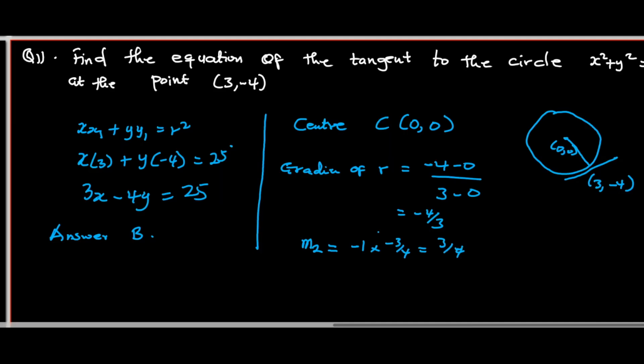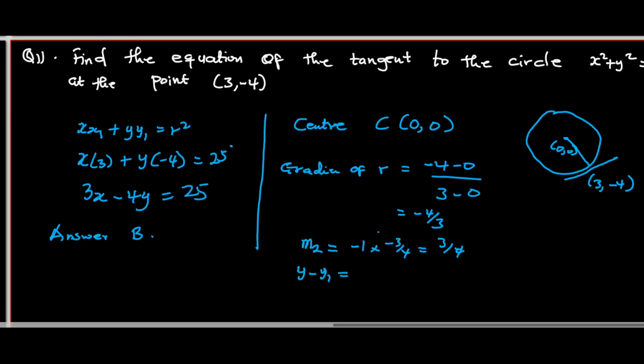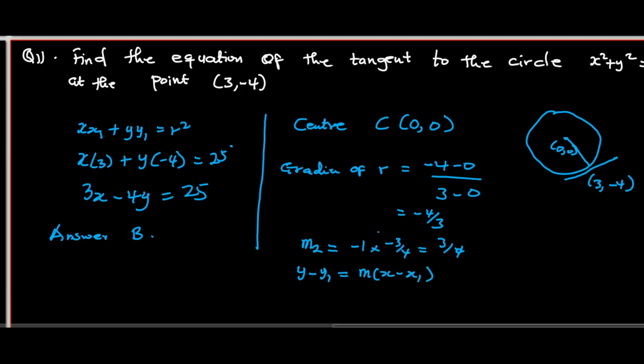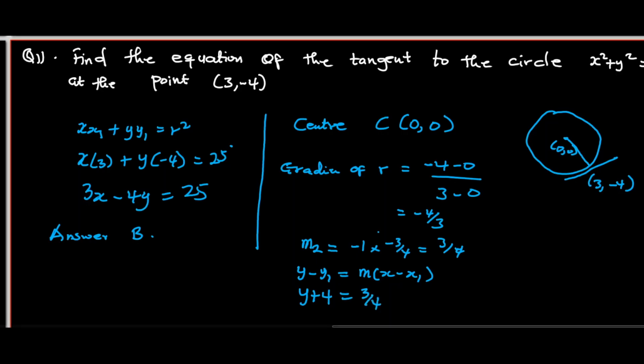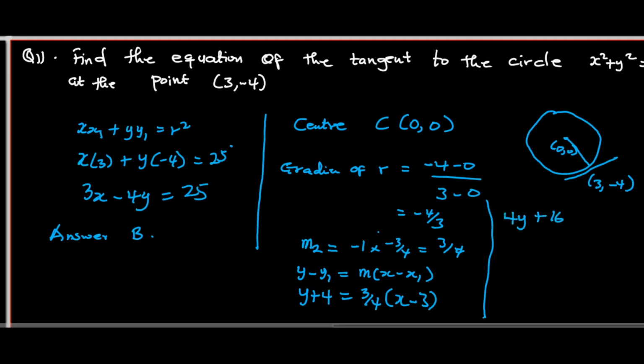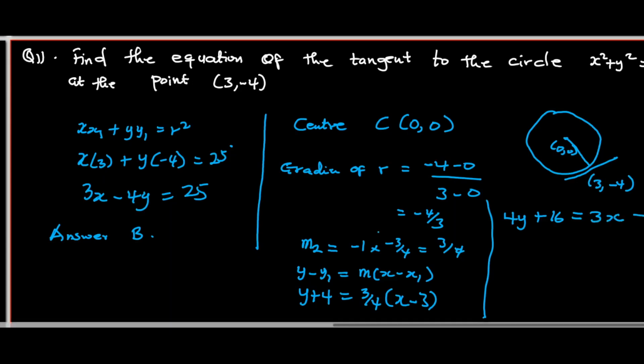So we just go by using our equation of a line, which is y minus y1 equals m times x minus x1, and we substitute in our values. Our y1 is -4, so minus that will give us +4, equals our m, which is now 3/4, times x minus our x1, which is 3. Now when we open everything up, we're going to have 4y plus 16 equals 3x minus 9.